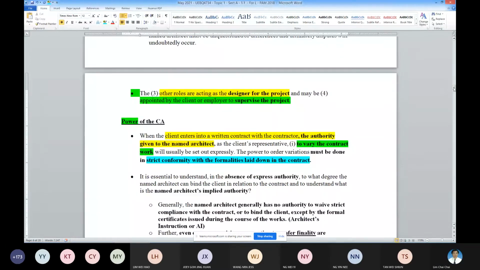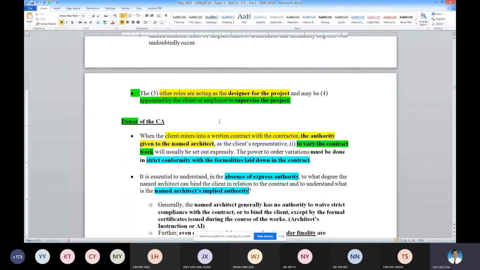Okay. So the architect, usually their power is in the express authority in the contract document. Okay. But sometimes the authority is implied. Absence of express authority means the architect's authority is implied. I hope you can understand the difference between express and implied.